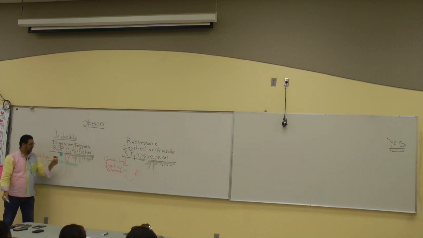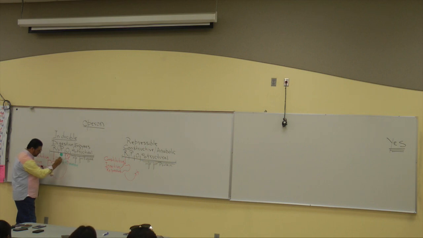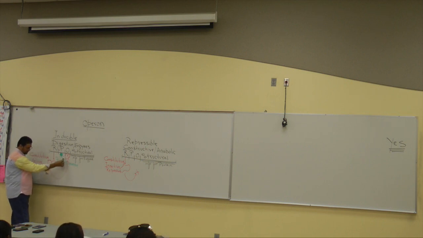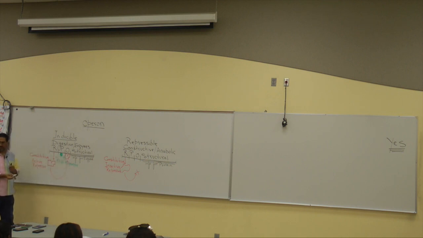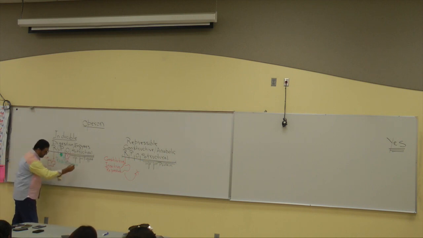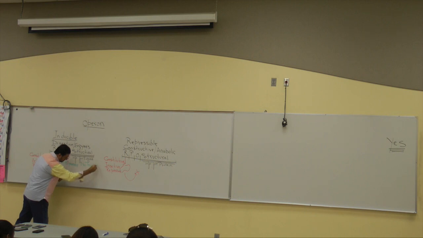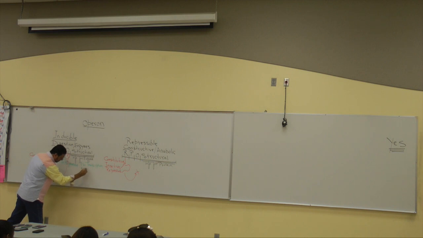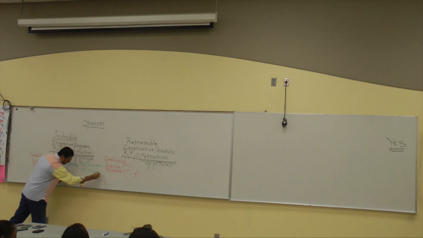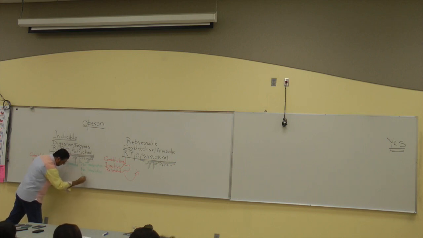Right here. So RNA polymerase must be able to go to the structural gene, but the active repressor is blocking its passage. RNA polymerase cannot go to the structural genes. No transcription, no translation, no digestive enzyme.